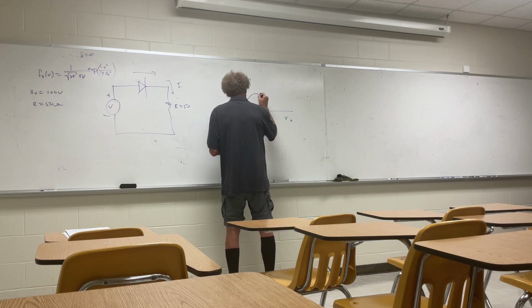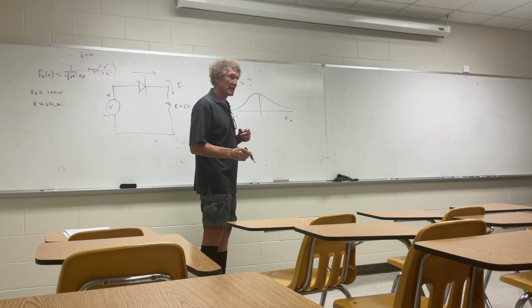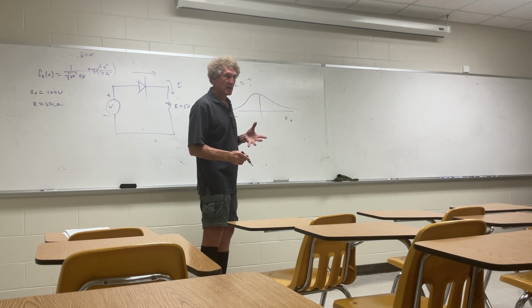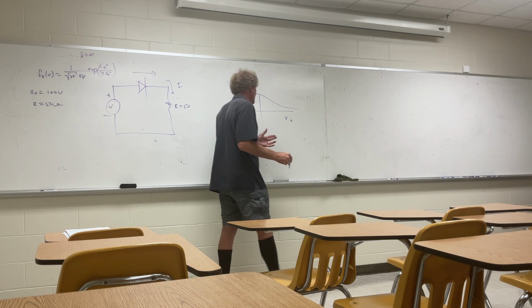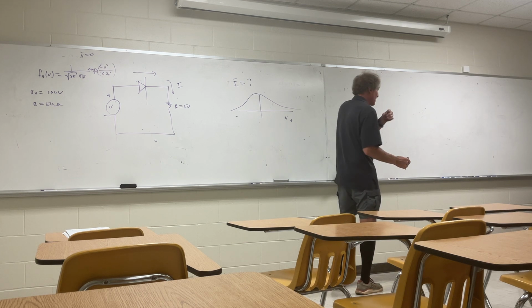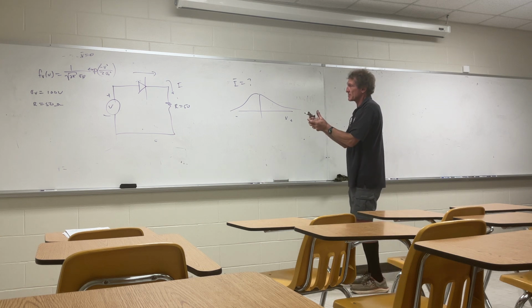Here's the density function, right? I'm just showing you the density function. It's Gaussian. But the current can only have values that are positive with that diode, the way I've drawn it. So we know the current can only have values that are positive.